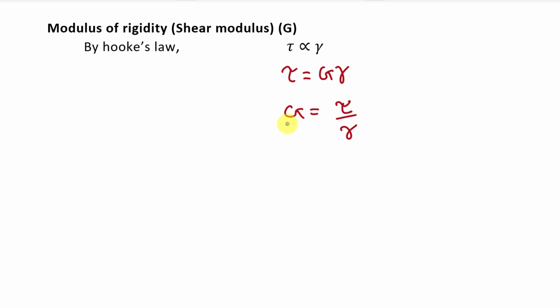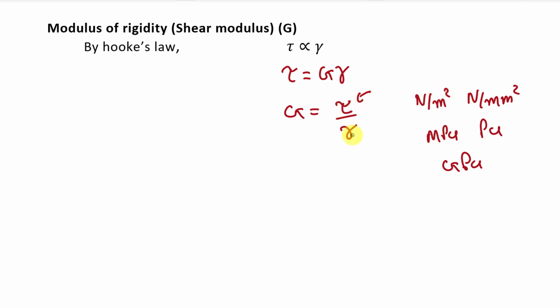Now here what is the unit of G? We know that the unit of tau, means the unit of shear stress, is Newton per meter square or Newton per mm square or megapascal or pascal or gigapascal, right? These all are units of tau, means these are units of shear stress.